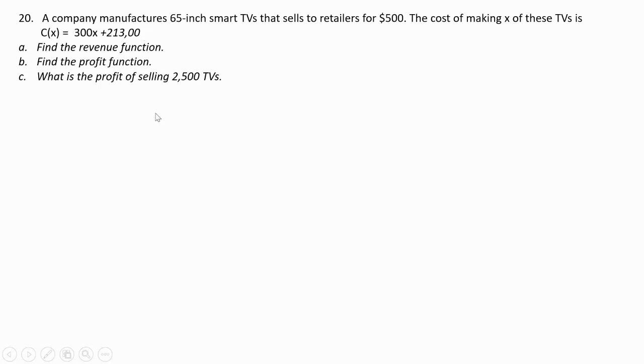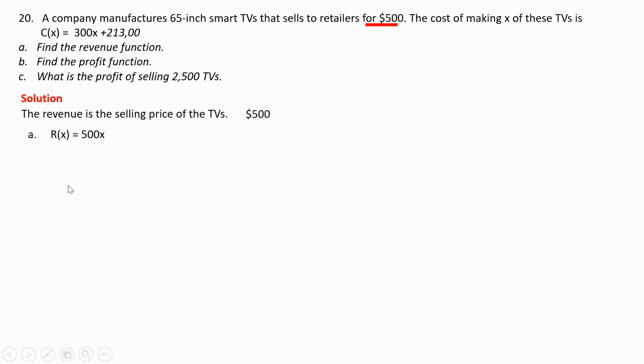There's supposed to be another zero there. Now, for the first part, it says find the revenue function. The revenue, guys, is how much the TV sells for. So the answer will be 500, but to represent a function, you have to put an x. So it's going to be R of x equals 500x. This is the answer for part A.